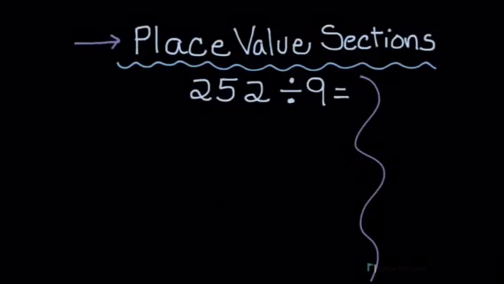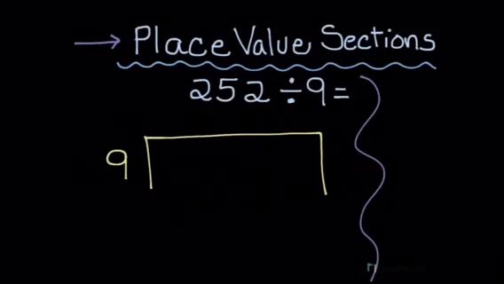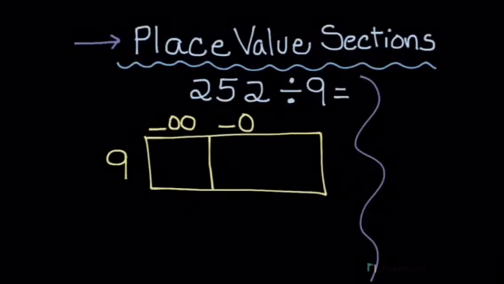In our first example, we're going to use place value sections to divide 252 by 9. So I'm setting up my sections. And I'm going to write 252, which is my dividend.